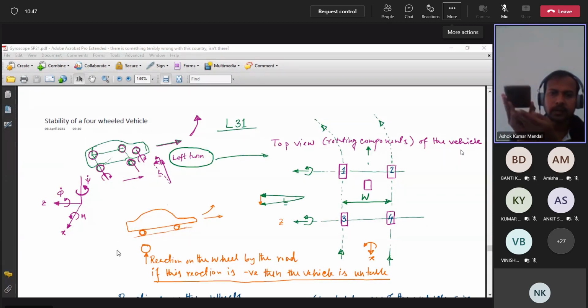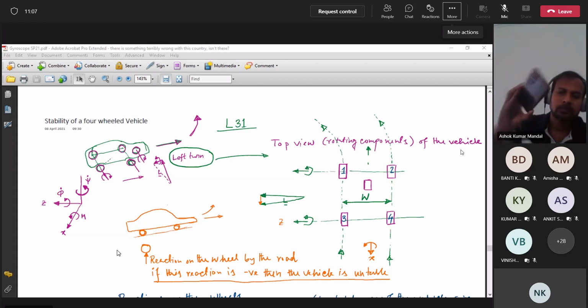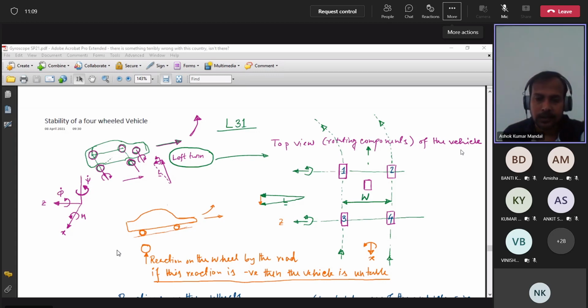The vehicle is running, going forward, and then it is taking a turn like this. You have felt it while traveling through a vehicle: there is always a chance it can topple in this direction, or in that direction.